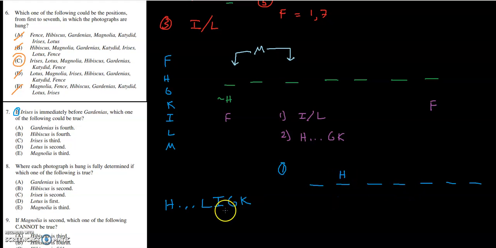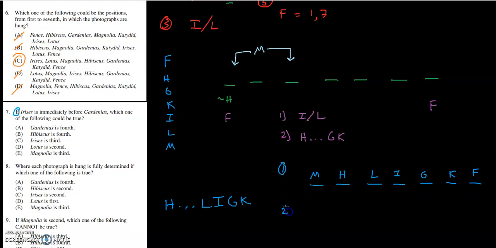Okay, and if we did that, then we'd have to put LIGK as a block, coming after it. 1, 2, 3, 4. LIGK would mean I could put that block like here, LIGK, and that would allow me to have space to put F over here, and then M would have to go here in this scenario. Okay, so that's one possible scenario that we could play out.